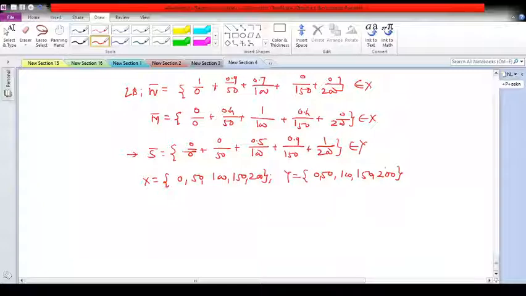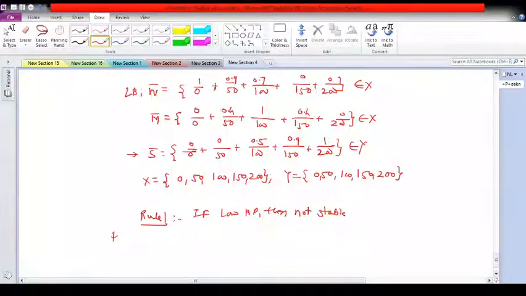Okay, so if I am making rule 1, what is that rule? For example, rule 1 says that if low BP, then condition is not stable. So for that what can be written? Low BP is represented by W bar, and it implies not stable, which means S bar complement.